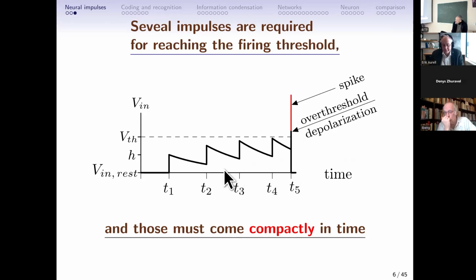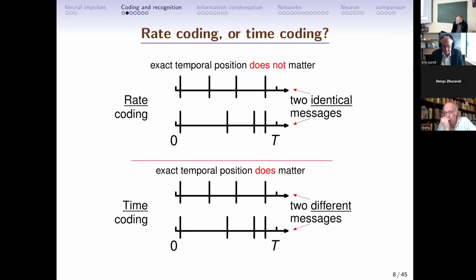So the neuron obtains the spike trains. What in these spike trains is important from the signaling point of view? There are two different strategies of coding in the neural system. It is so-called rate coding and time coding.